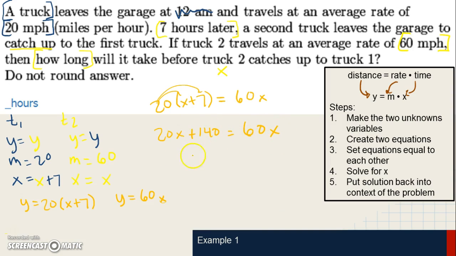Now we've got variables on both sides, so we've got to eliminate the variable on one side. It makes more sense to eliminate on this side, since this side has less numbers when we're solving. So we're going to go ahead and subtract 20x. That's the inverse here.